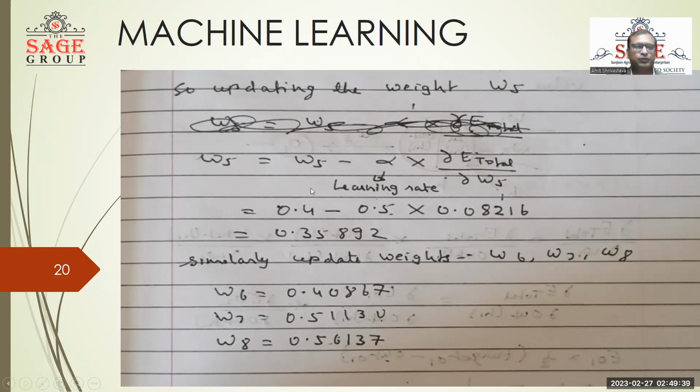So we just put in the values: W5 is 0.4 minus alpha 0.5 times this term we have already calculated just now. We multiply it and we get the updated weight of W5 as 0.35892. The previous weight was 0.4, right? In a similar fashion, we can also update the weights W6, W7 and W8 in the same manner.